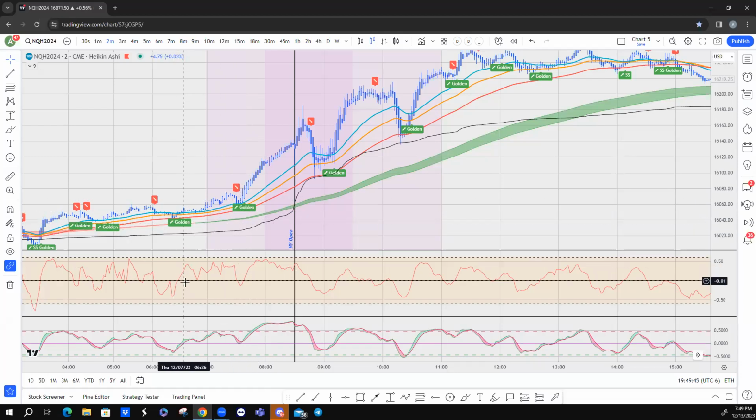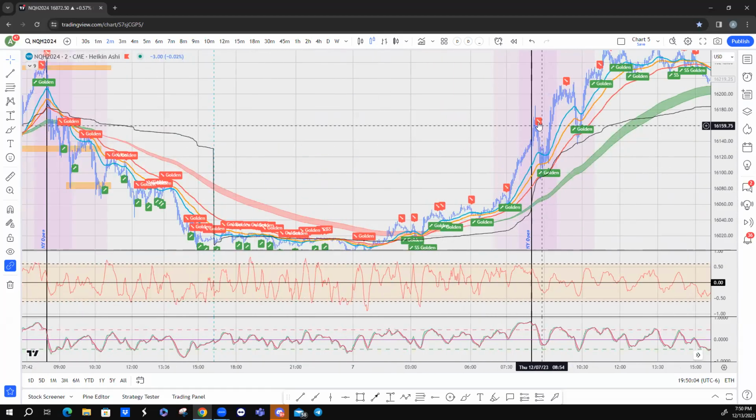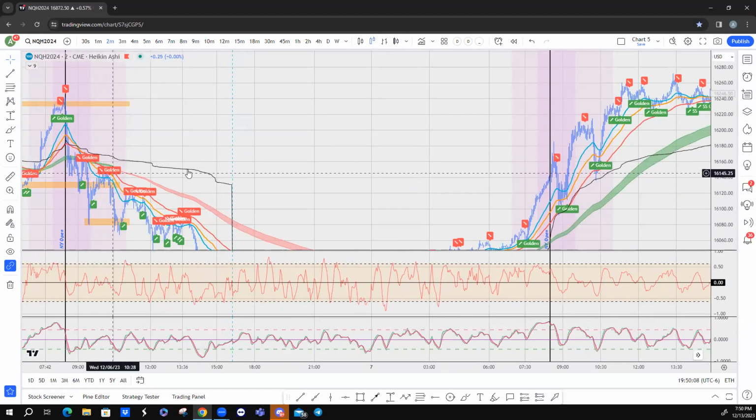Okay, there's divergence right in here too, that you could have taken going up. And then as you get up into the open, you would just wait right there, because first off, we need to have areas marked off.